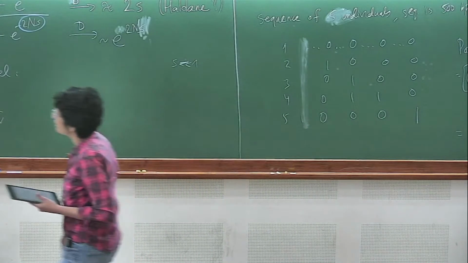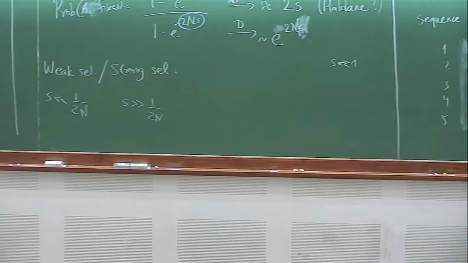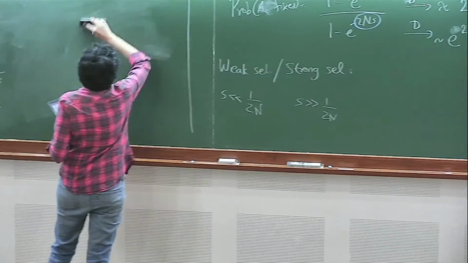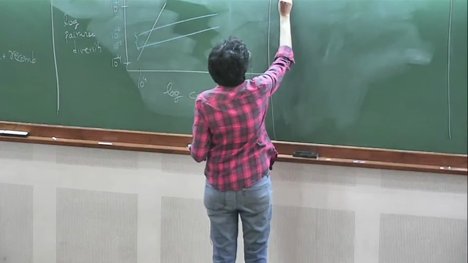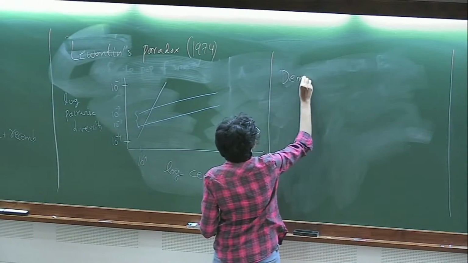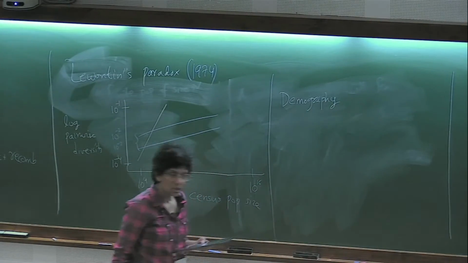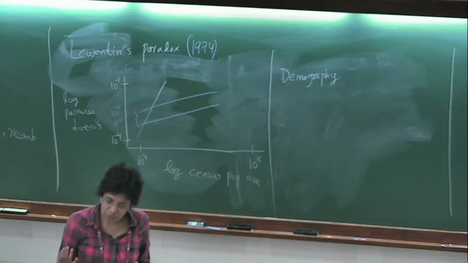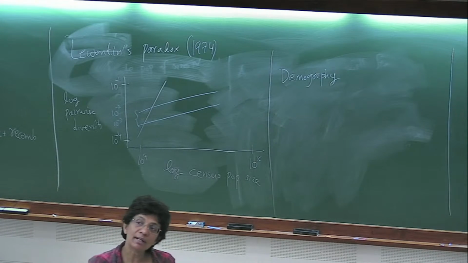Let me explain the ones that I'm not going to discuss in detail. One reason is simply demography. The idea here is that it's not the census population size you should look at, but rather some kind of effective population size.